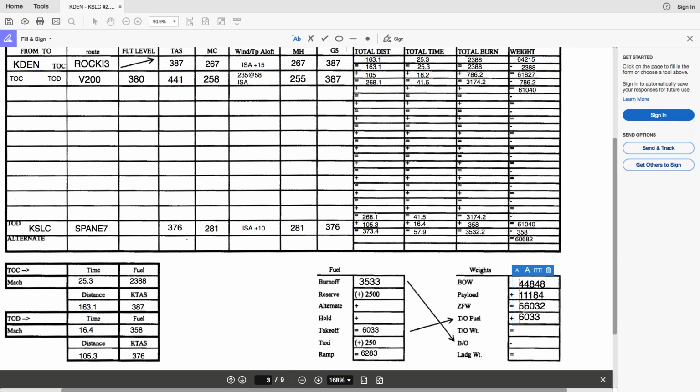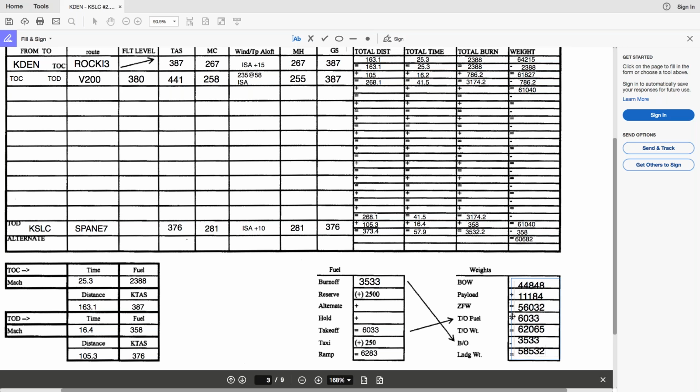If you see that arrow from our previous boxes, okay. Takeoff weight comes to a total of 62,065. And then our burn off is the 3533, and that equals our landing weight of 58,532.